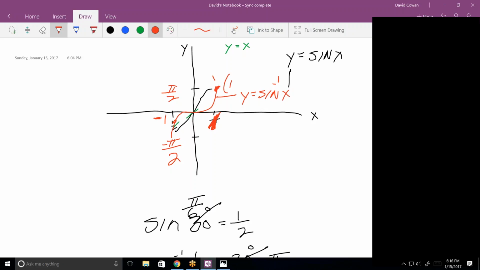The x-coordinate's 1. Read it off the y-axis. Pi over 2. Perhaps you were reading that as pi squared. That's pi over 2. Okay? Which is 90 degrees. So the inverse sine of 1 is pi over 2.